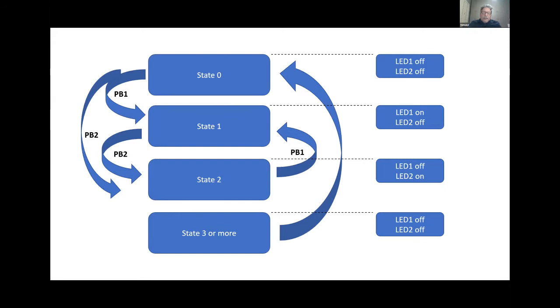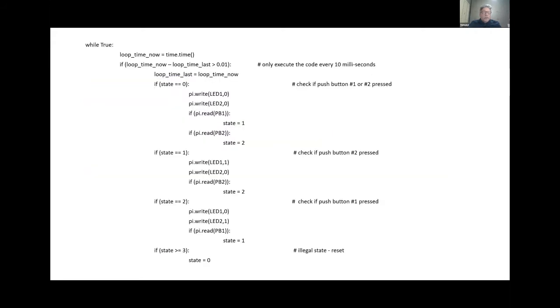And then to code that, I simply do this. Here's my loop again. Is the loop time now minus the time we went around the last one more than 10 milliseconds? And then I just start saying, if the state variable is 0, turn off both LEDs. So if the first push button has been pressed, state equals 1.